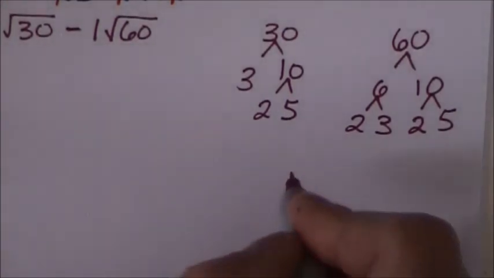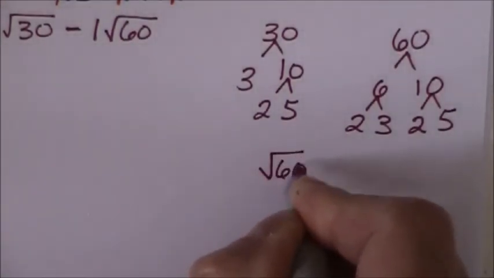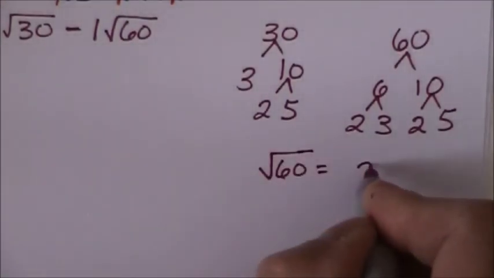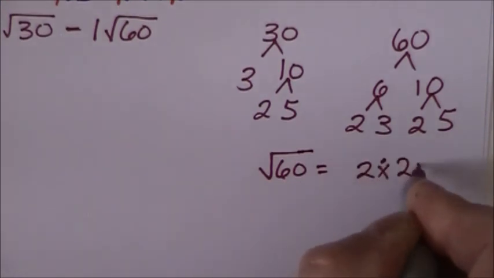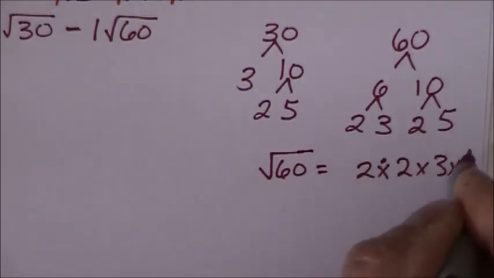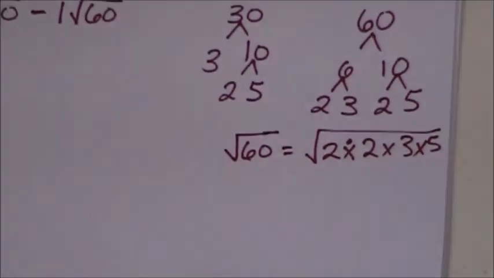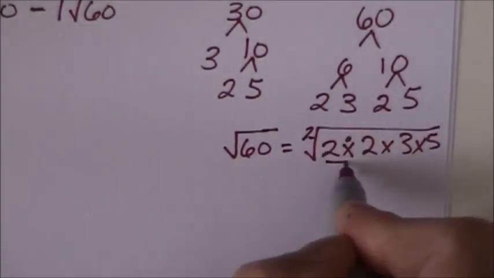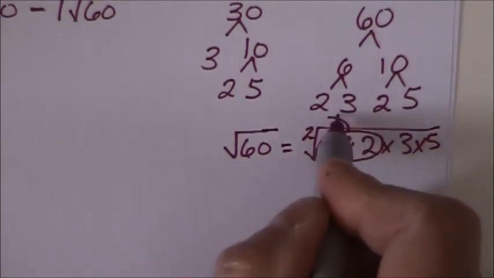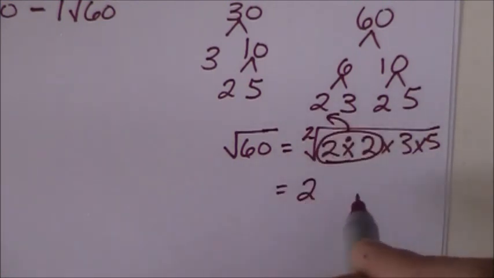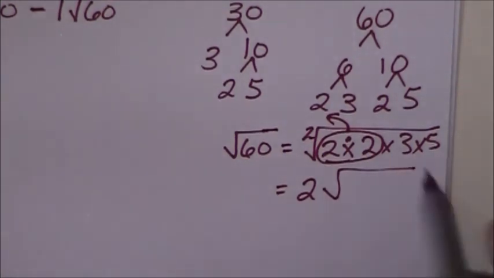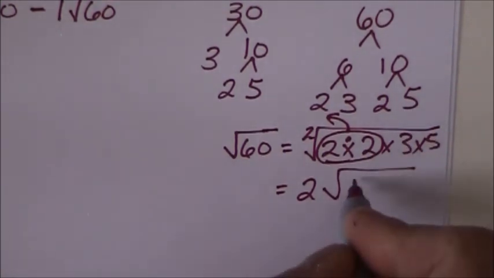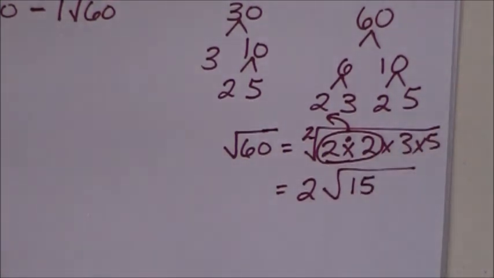So as we look at it, the square root of 60 is equal to 2 times 2 times 3 times 5, all under our square root sign. It did have an index of 2, so these two guys get to be circled and move out. We get our radical sign. 3 times 5 is 15. So the square root of 60 simplifies to 2 square root 15.